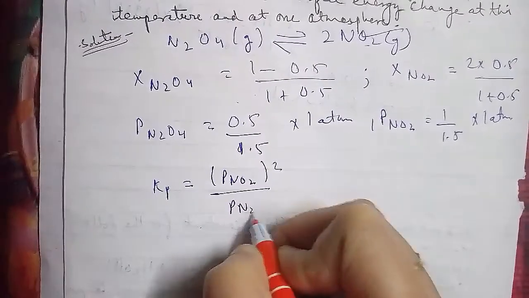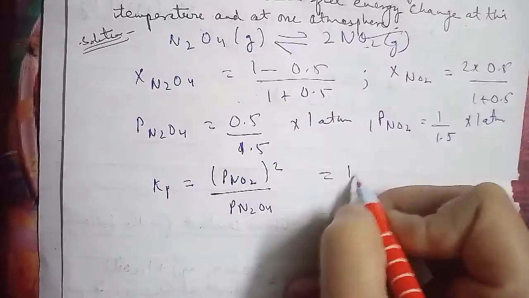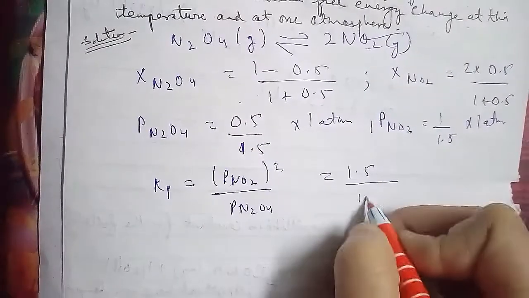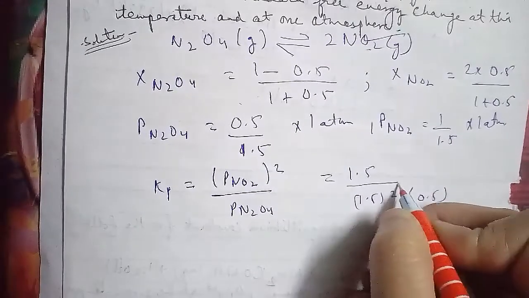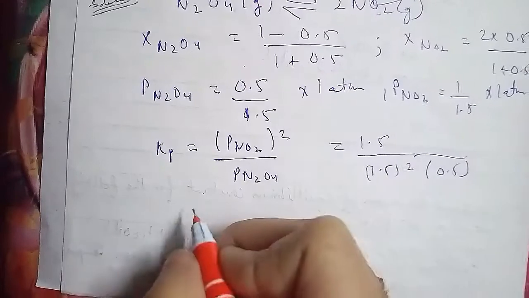According to that, by solving this we'll get 1.33 atm. Since we are finding out the ΔrG here, ΔrG will be equal to minus RT ln Kp.